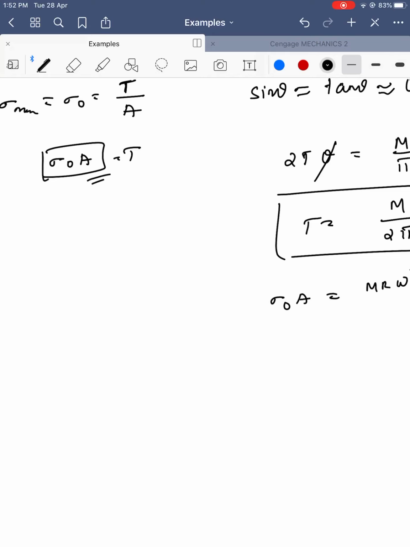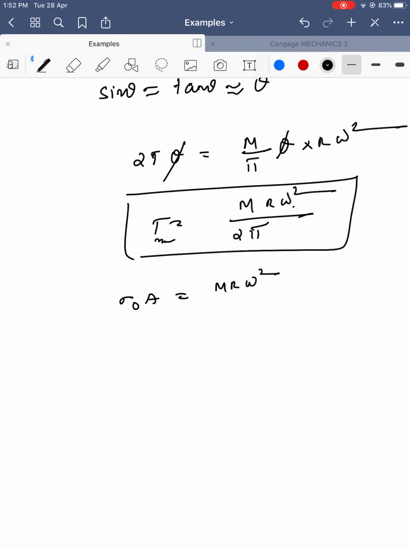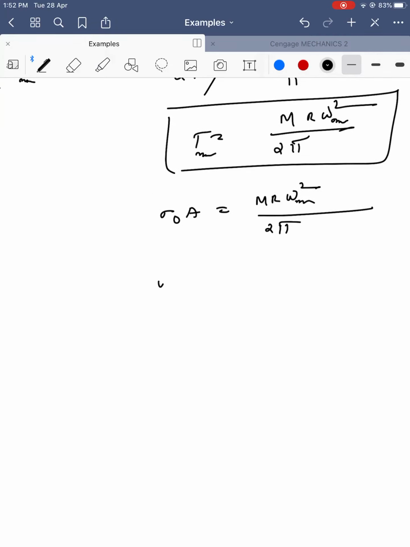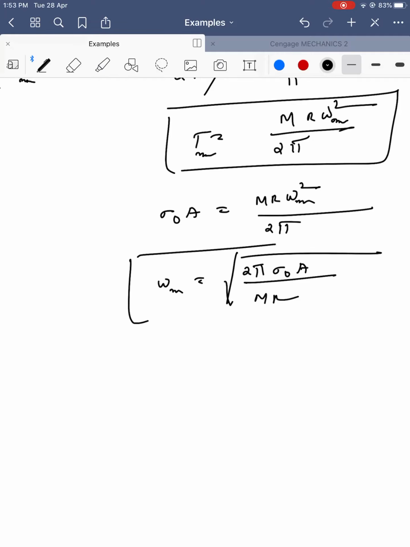To get maximum stress, tension should be maximum. What are the variables here? Only omega. Now simplify this: omega max is equal to the square root of 2 pi sigma naught A by m r. So this is the omega value.